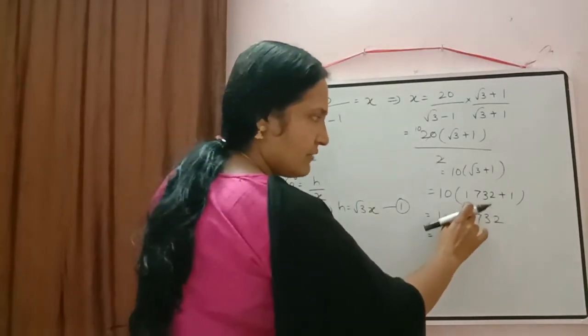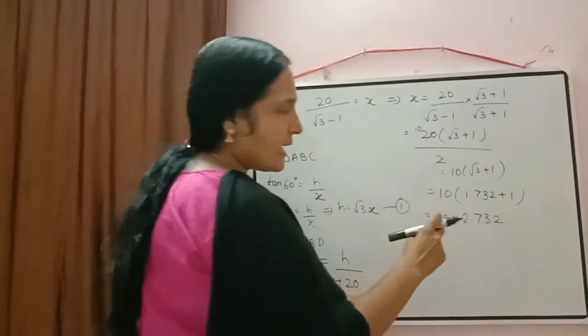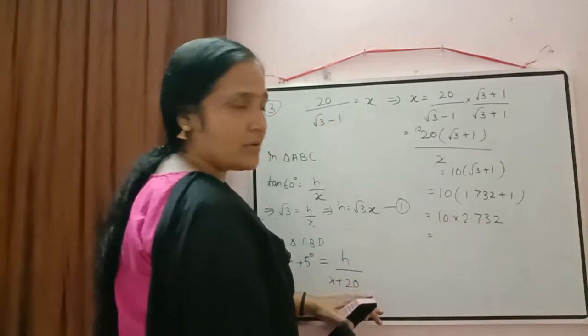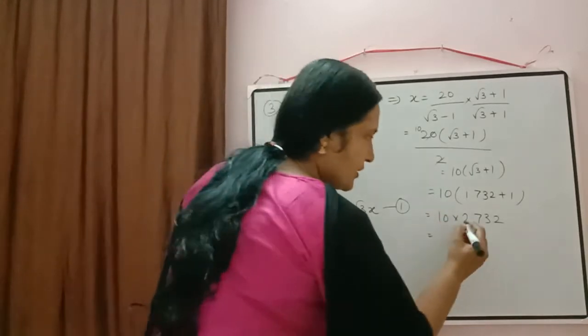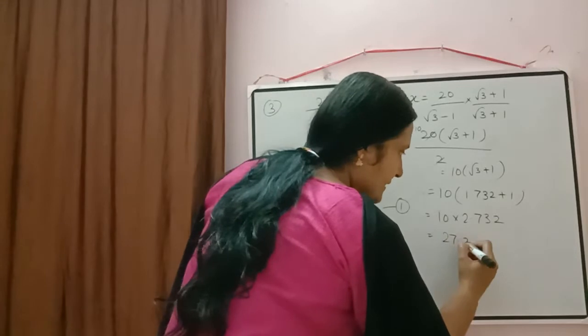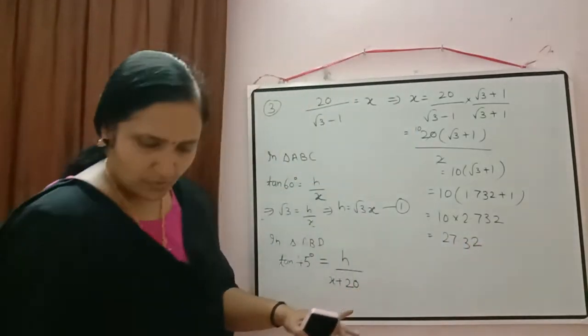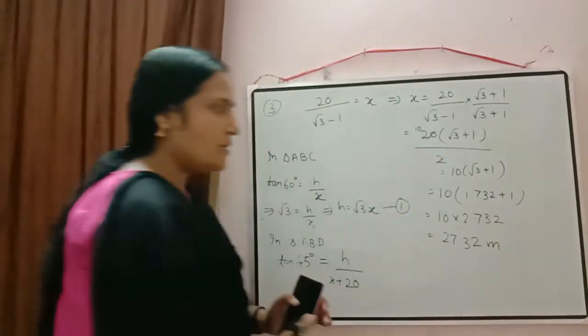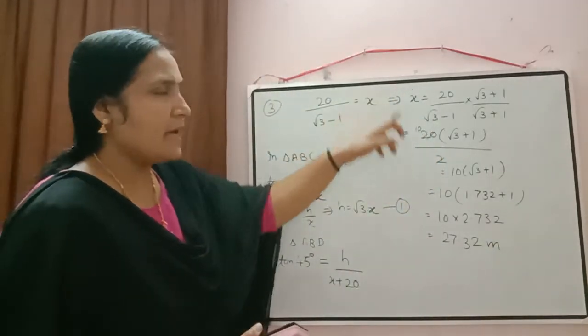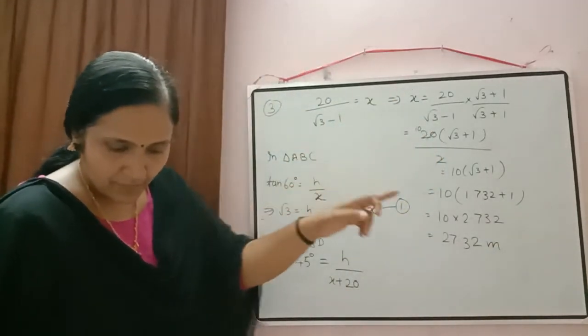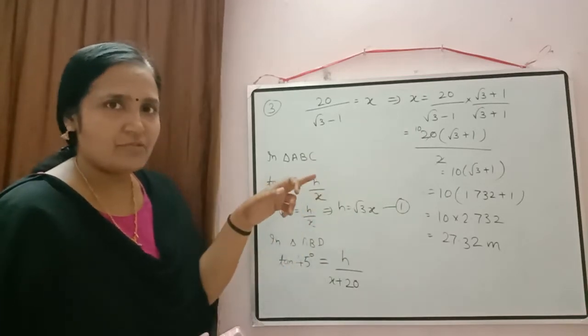So the decimal sign will move to the right hand side according to the number of zeros. Here we have only one zero. So it will come 27.32, and I think it is given in meters. So 27.32 meters. x we have calculated. x is the breadth of the river which we have taken.